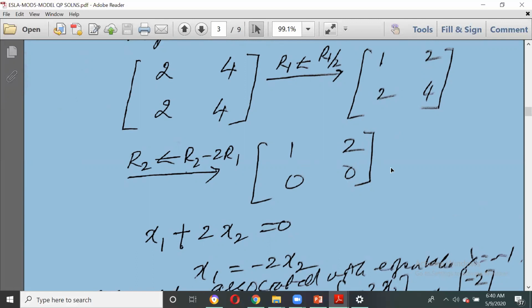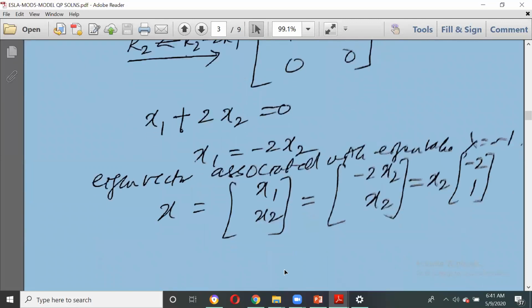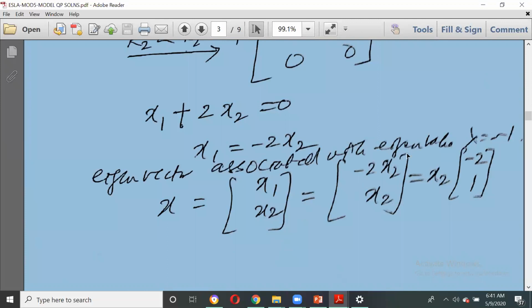So from this, if you write 1 into x1 plus 2 into x2 is equal to 0, that will give us x1 equal to minus 2x2. So the eigenvector associated with the eigenvalue lambda equal to minus 1 is x equal to x1, x2, where x1 is minus 2x2 and x2 as it is. So common x2, minus 2 and 1. So the eigenvector is minus 2, 1.